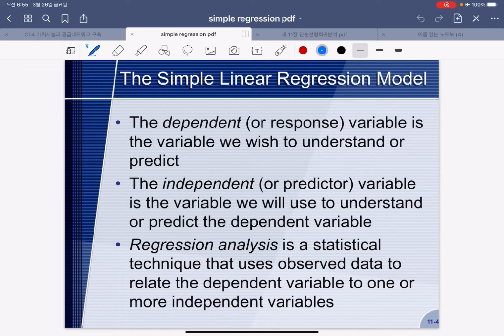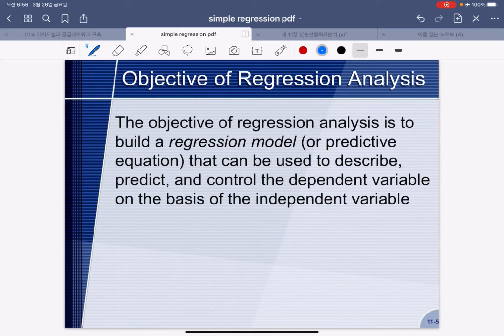Finding a relationship means what? You find the equation like this, right? In terms of this equation, finding relationship means you want to find the intercept and also the slope, right?